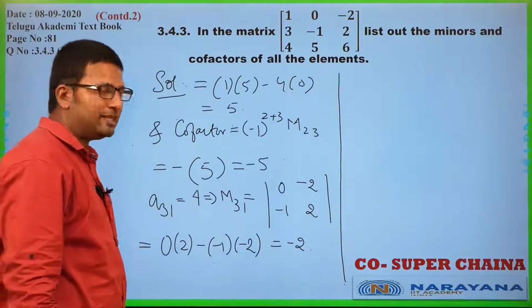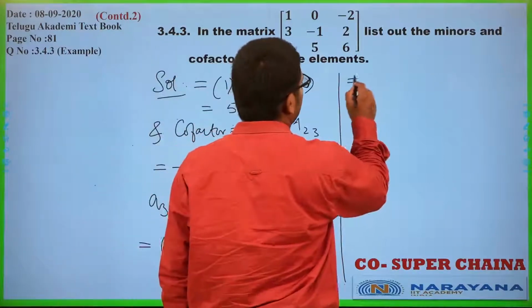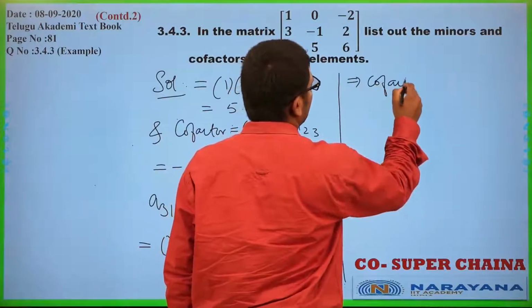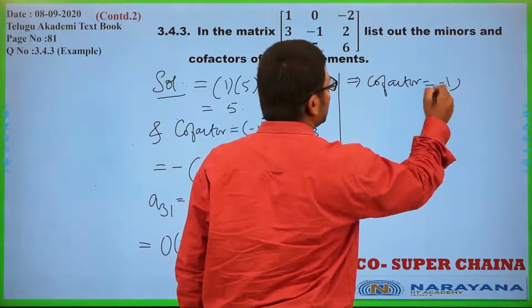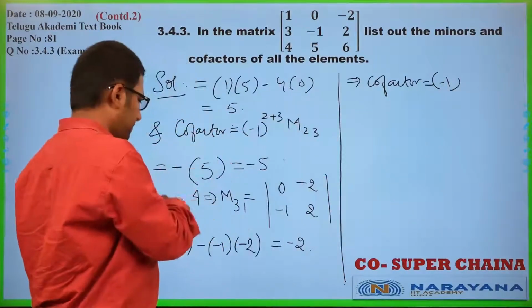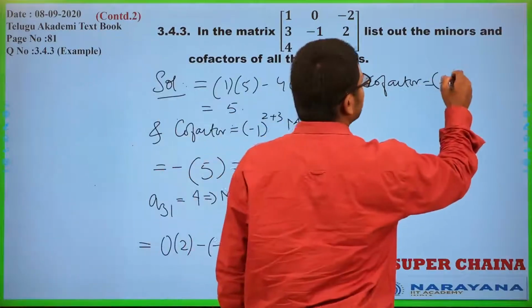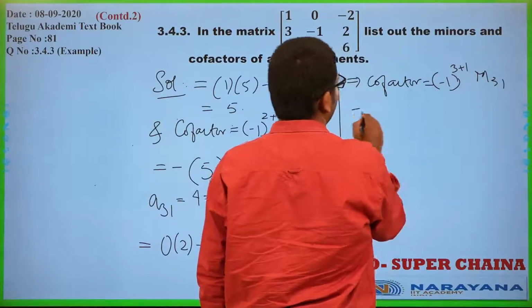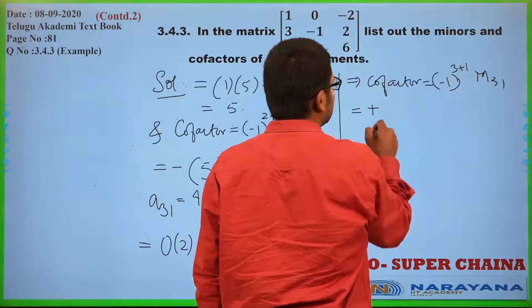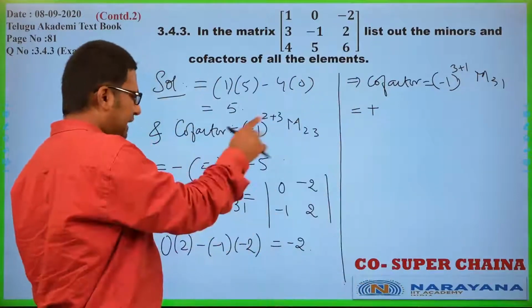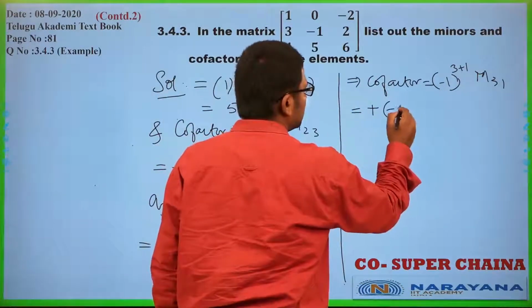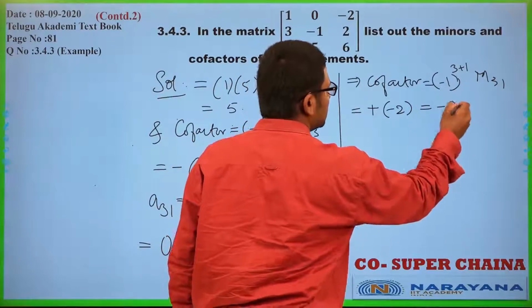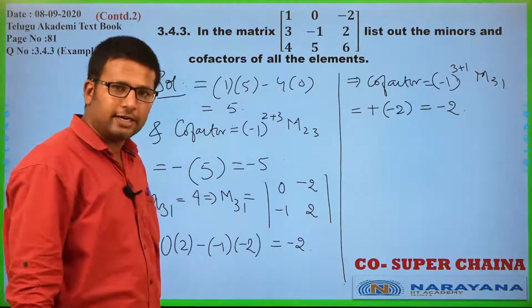We have the minor is minus 2. Cofactor would be minus 1 raised to 3 plus 1, M31, which is minus 1 raised to 4, which is plus, right? No sign change of minus 2. So minus 2 itself. Got it?